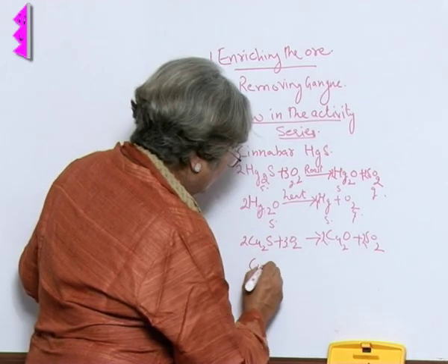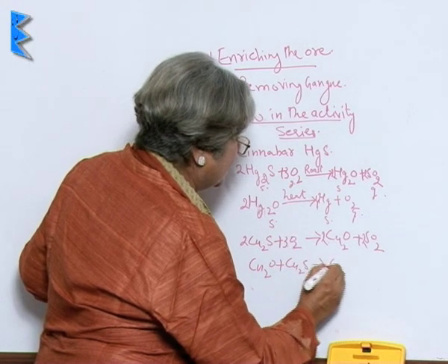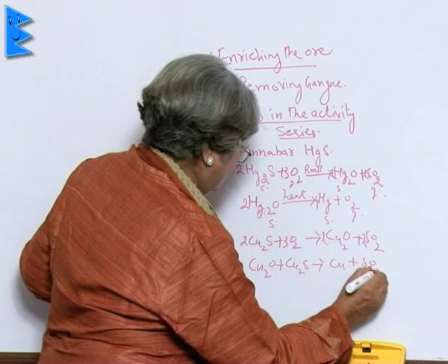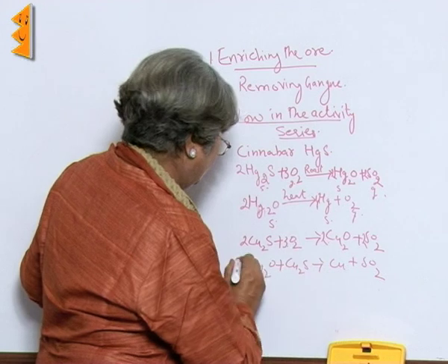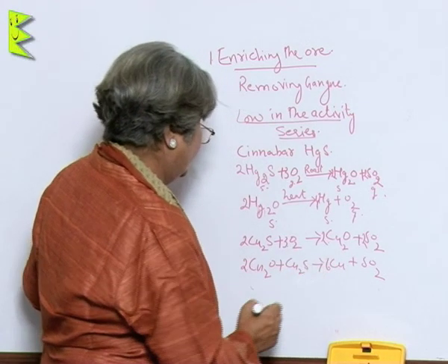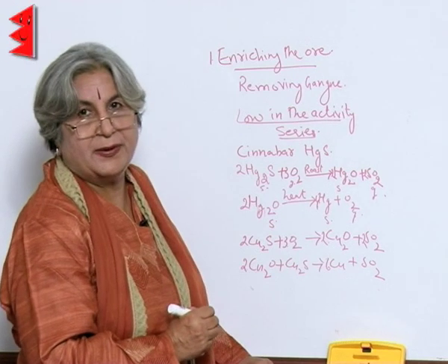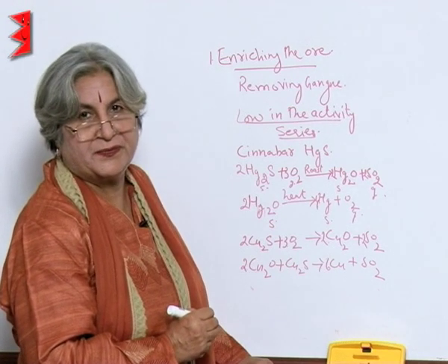So, Cu2O plus Cu2S combine with each other and we will get copper and sulfur dioxide.